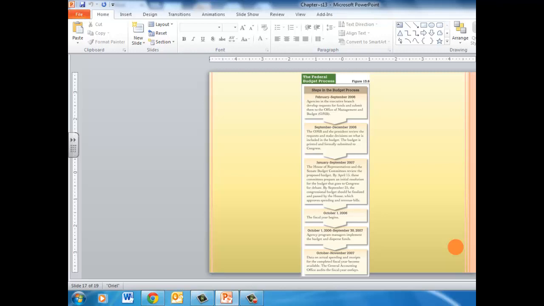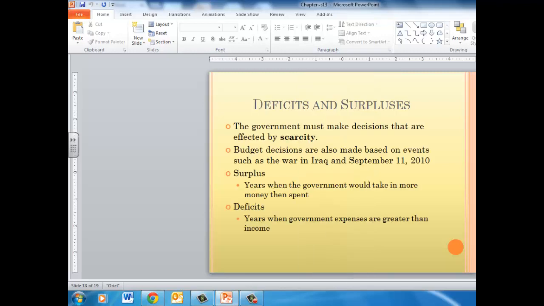Hopefully somewhere between January through September, they're starting to pass a budget. So they would be in the midst of that right now, discussing the budget so that they can come up with a new budget that gets approved prior to a new fiscal year on October 1.